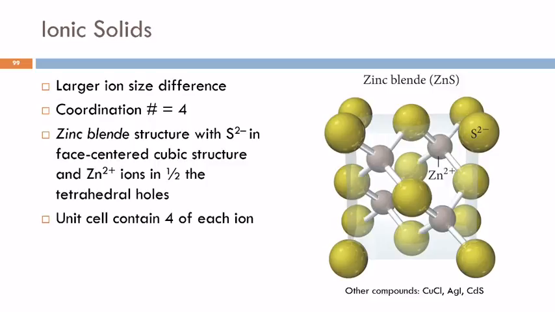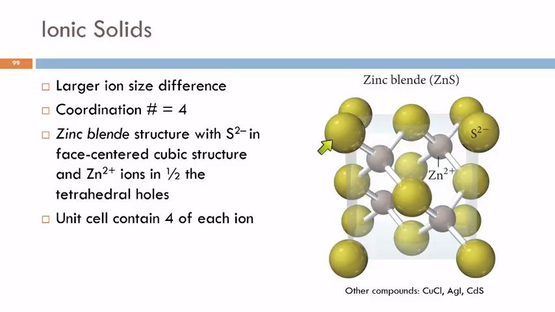If we have a larger size difference, this is zinc blende. Zinc sulfide is a compound, but it can crystallize in different forms, and then those different forms have different names. So zinc blende is a particular crystal structure of zinc sulfide.